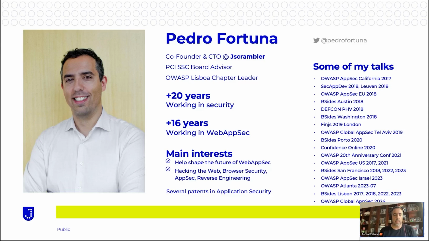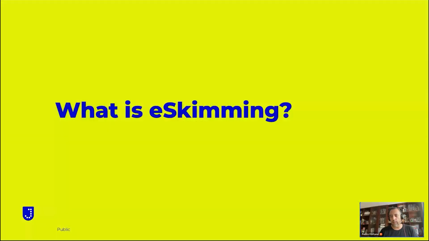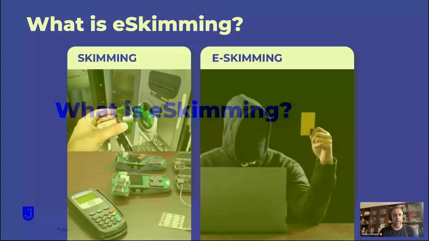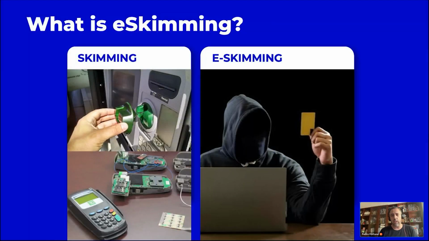For today, I'm going to talk about e-skimming, and let's first define what is e-skimming. E-skimming is basically the digital equivalent of credit card skimming. In credit card skimming, you have a physical device, usually installed over an ATM to skim the credit card information.